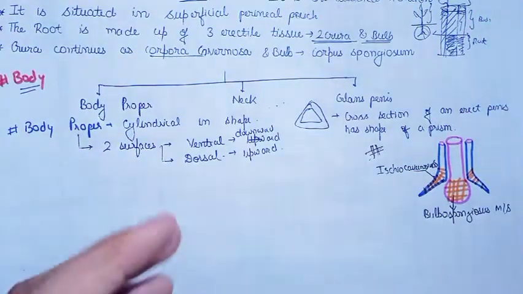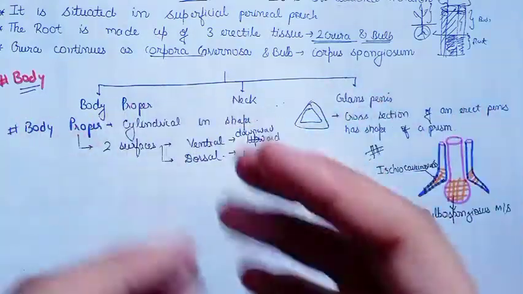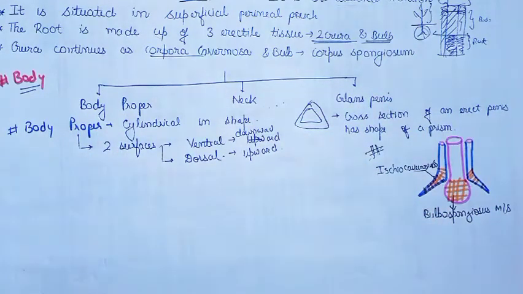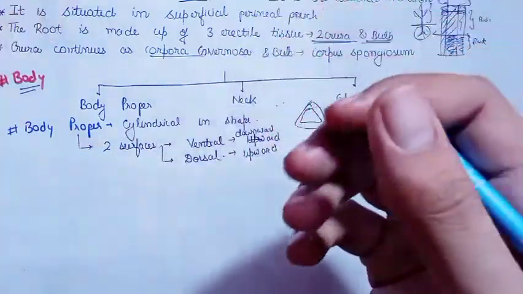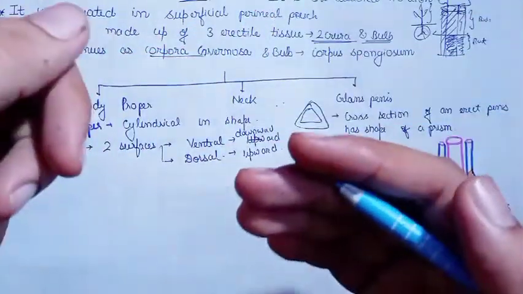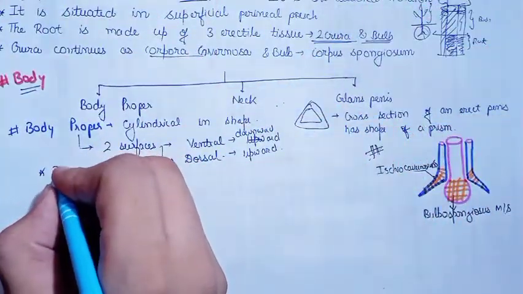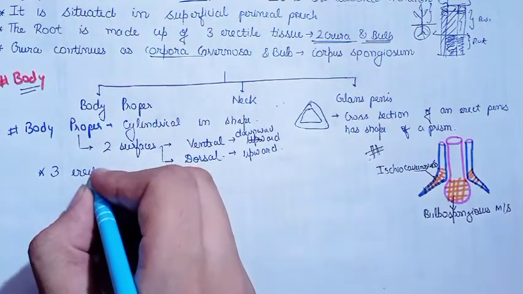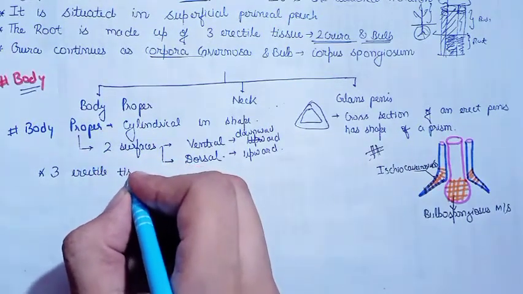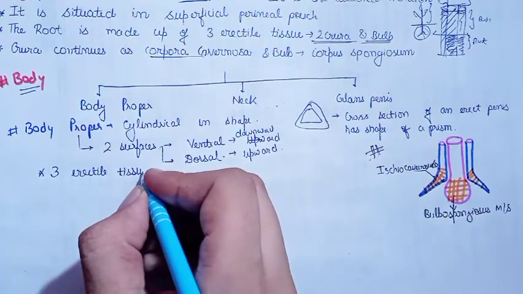If you have to write more about the body proper in examination, you can write about the erectile tissues of it. I have discussed this in a previous video, so I have not discussed it here. But if you have to write in examination, you have to write some content about the body proper. You can write about the three erectile tissues, that are the two corpora cavernosa and the corpus spongiosum.